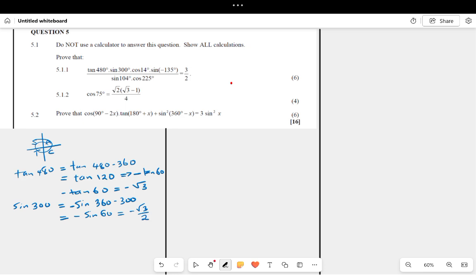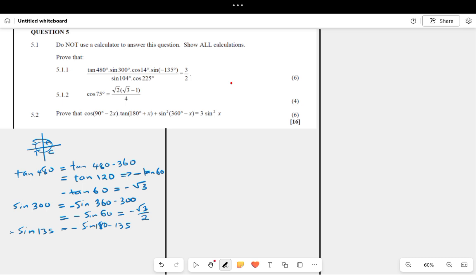All right. Now, another angle that we need to look at, which is a little bit confusing, is sine negative 135. We know sine of negative 135 is the same as negative sine 135, which can be written as negative sine of 180 minus 135.